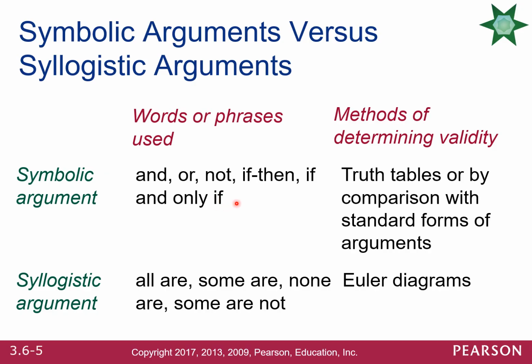And to determine the validity of symbolic arguments, we use truth tables, or we just compared the statements with standard forms of arguments and came to a conclusion whether the argument was valid or not. In syllogistic arguments, the statements will have phrases like all are, some are, none are, some are not, and so on. And the way we go about determining the validity of syllogistic arguments is by using Euler diagrams.